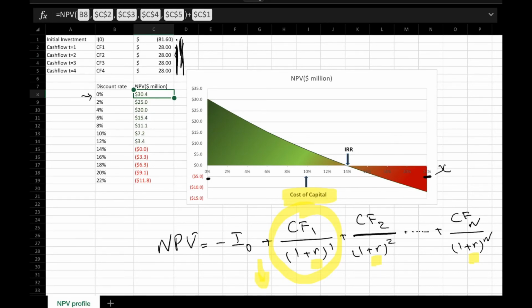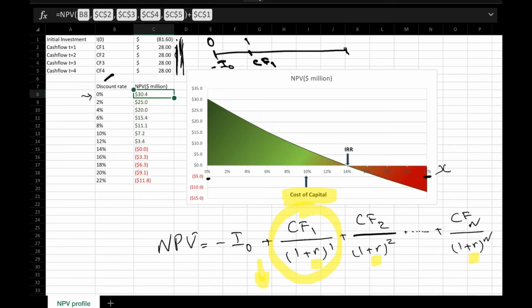The way that Excel works is that it just recognizes the first cash flow. So if this is my timeline, you cannot put the initial investment into the NPV formula. You need to only put the cash flows.